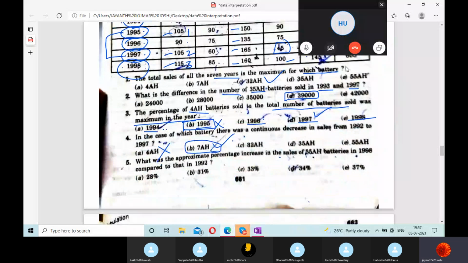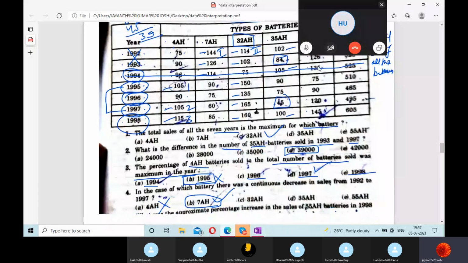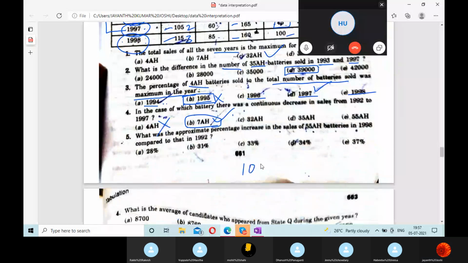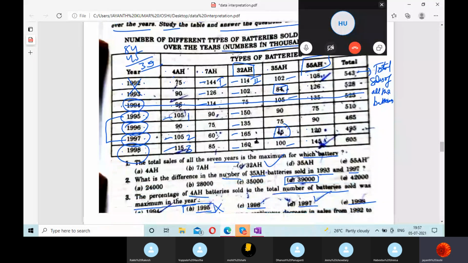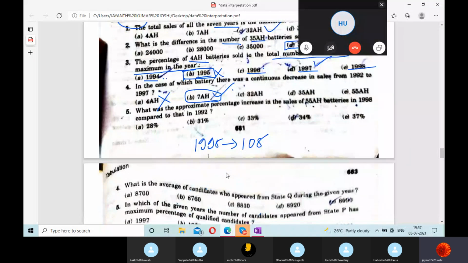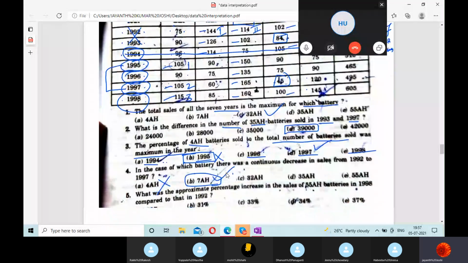What is the 98 sales? 108. Then 98 sales is 108 and 92 sales is 108. And then what did they say? 1998. So 92 I took. Okay, 92 is 108. Sorry.